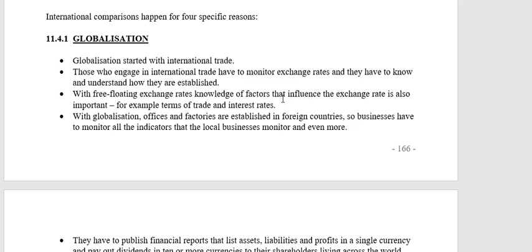If I have offices in other countries, I need to monitor the indicators of those foreign countries so that I can understand what is happening in those economies, so that I can make sure that my business is functioning properly. If I know what the indicators are doing, I can predict certain changes and I can make a plan. Now I can implement a strategy in my business to deal with any local changes there.